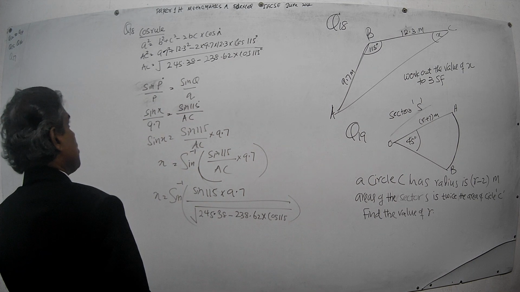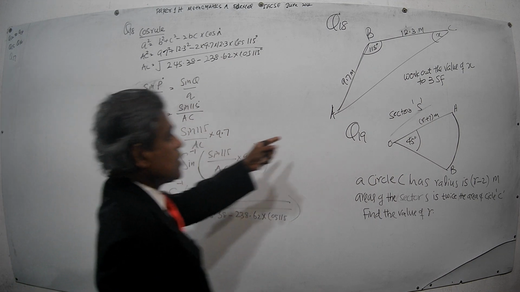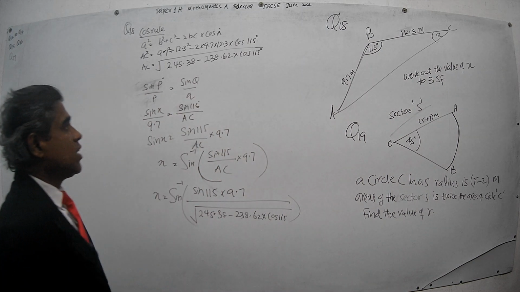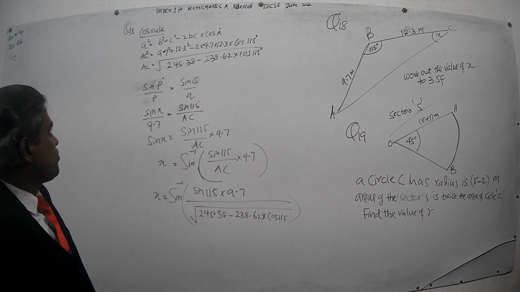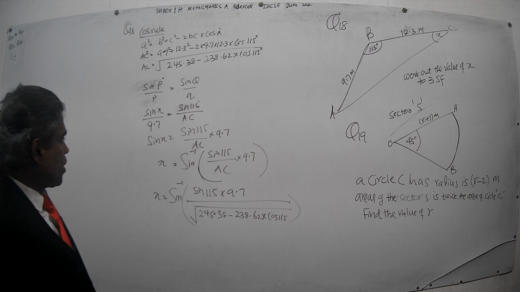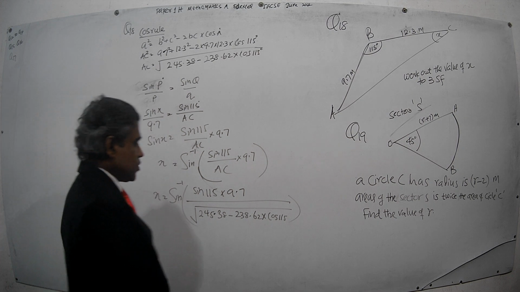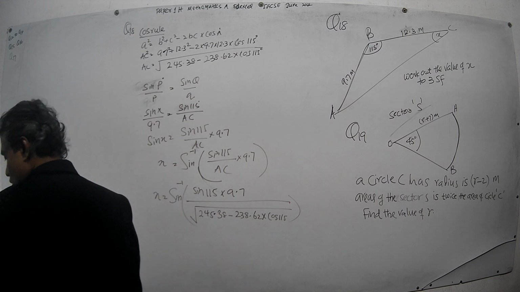We applied first the cos rule to find the side AC, and since we didn't get a proper value, we left the answer in the form of a statement. Then we apply the sine rule to get this. Now we will simplify.